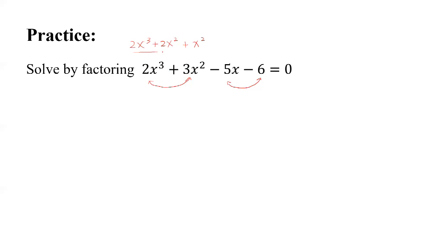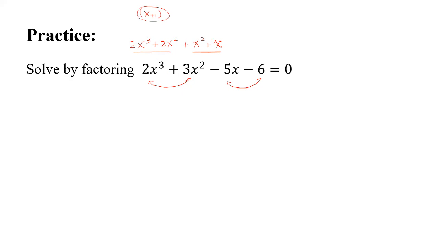Then you can see here, the common factor might be x plus 1, right? So in order to have x plus 1 be the common factor, then you will have another x here to group with x squared in front, right?